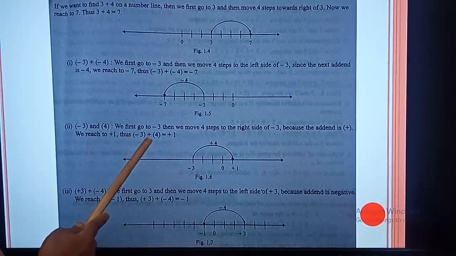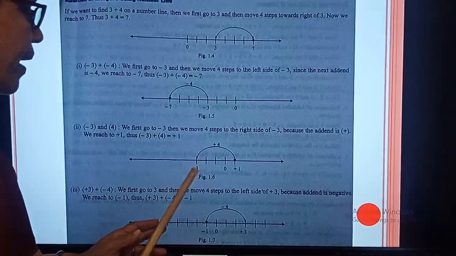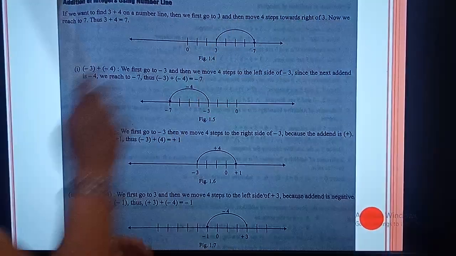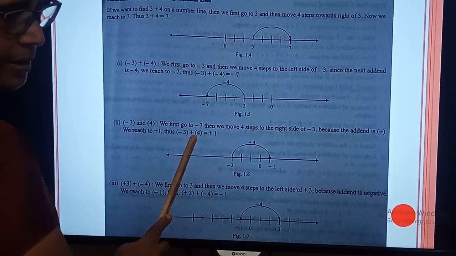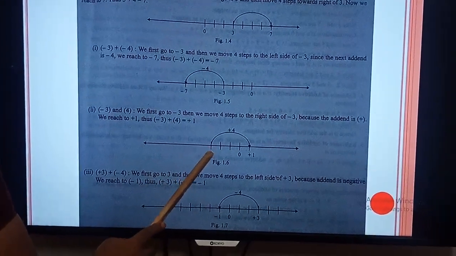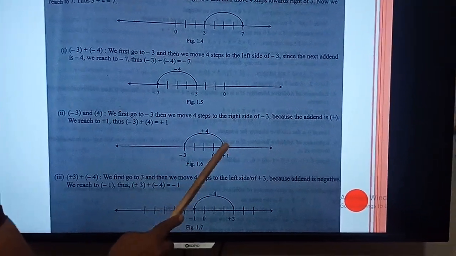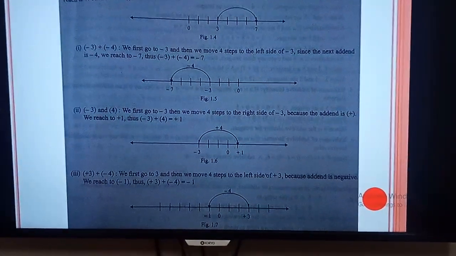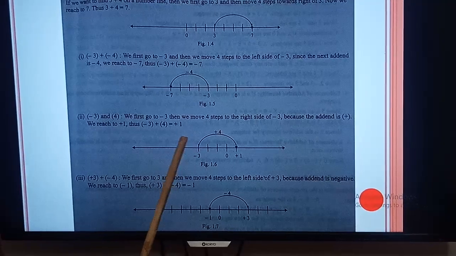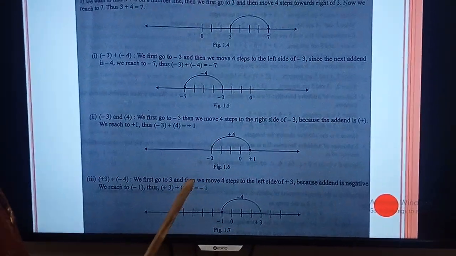Minus 3 plus 4 in the sense from minus 3 we have to move towards the right hand side. How many distances? 4 distances. So minus 3, 1, 2, 3 and 4 will reach plus 1. In this way we can add integers with the help of the number line.